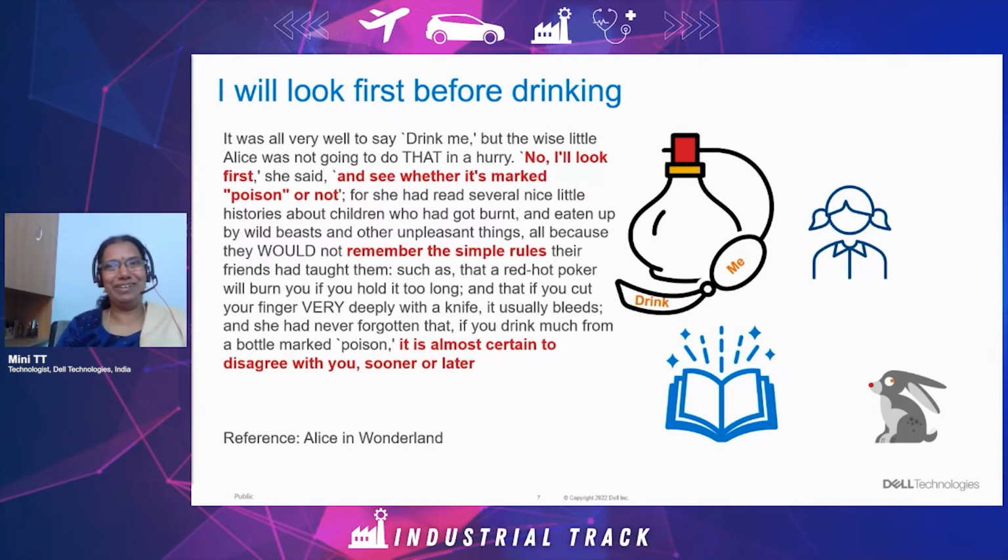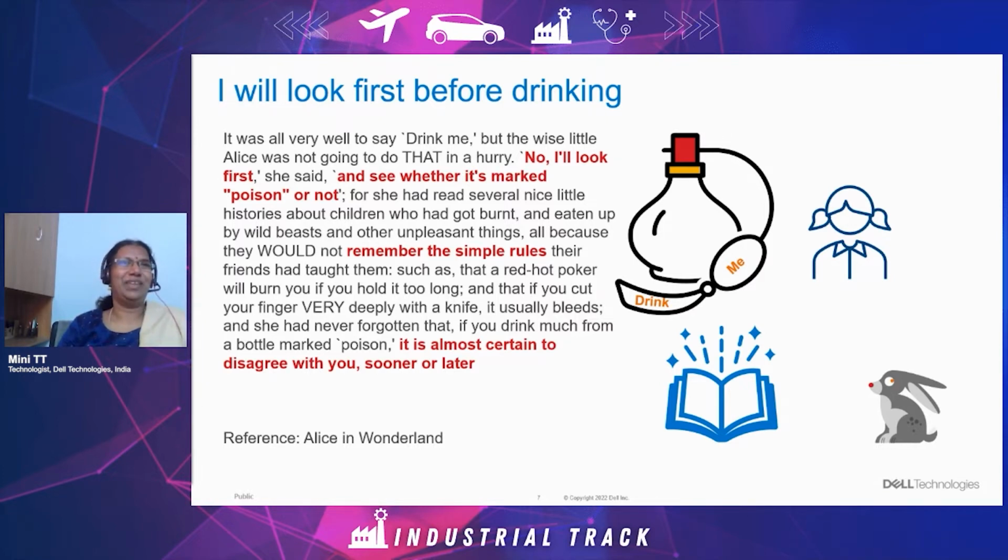You must have heard of the Alice in Wonderland story where she drinks the liquid in the bottle and suddenly she grows big and she grows small and then she can't reach anywhere. What's happening is, as she saw 'drink me', she took it and drank it. But then the thought went through her mind: should I drink it or should I not drink it? That is like how you apply your policies before you make a decision to act.